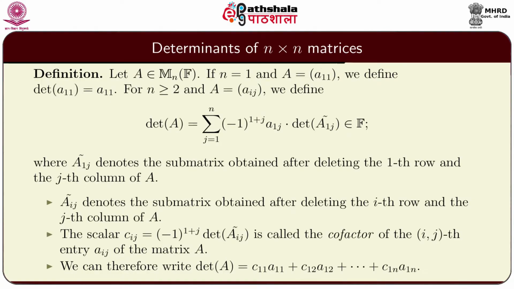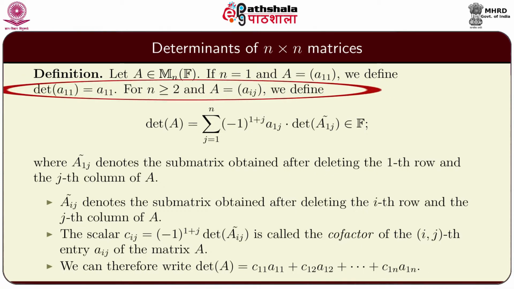And now it is time to extend our definition of determinant and define determinants for matrices of order n. Let us see. Let A be an n cross n matrix over the field F. If n is 1, then A is this 1 cross 1 matrix given by A11, and we define the determinant of A11 to be A11.